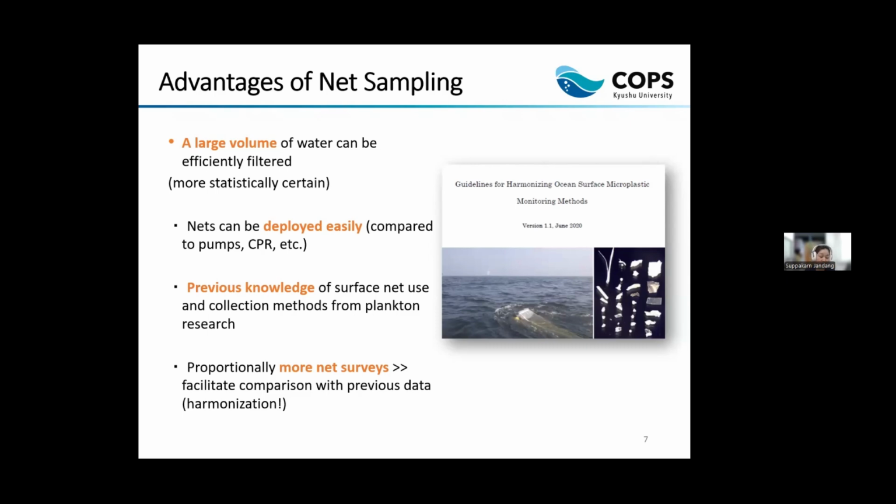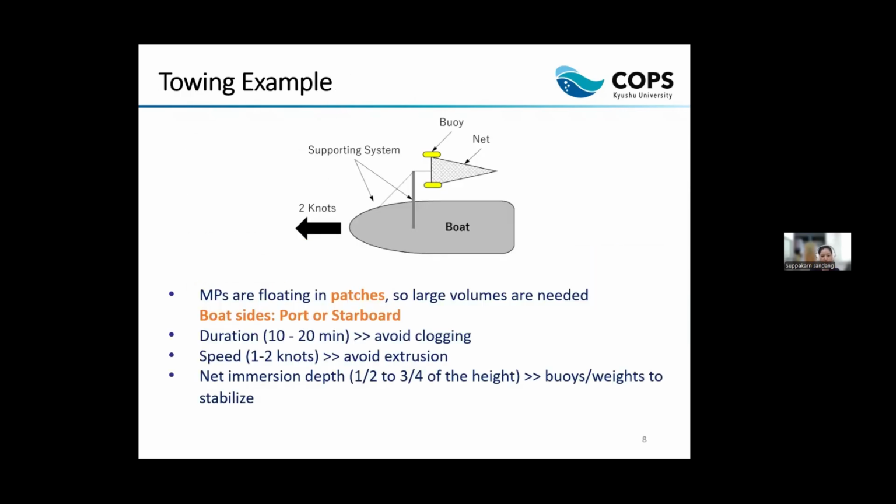Because, as I mentioned before, many researchers have already collected surface microplastic using a net, and then you can compare with them. And this is a kind of harmonizing data as well. And yeah, this is just a sample of how you assemble your net to the boat.